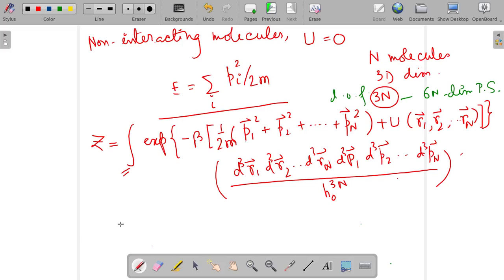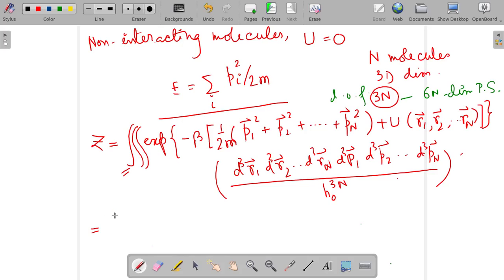So first of all we will split the integration into smaller parts. This integration means many integrations because here we have so many variables. Basically we have 6n variables, so 6n integrations need to be done.